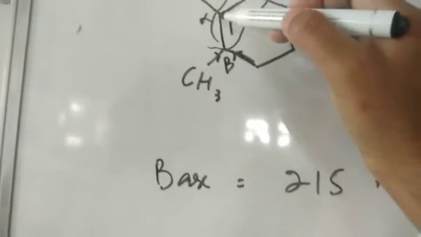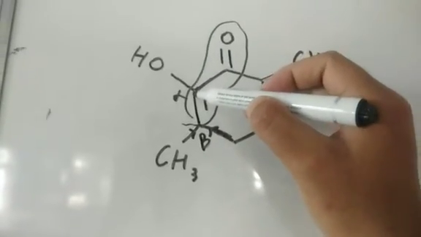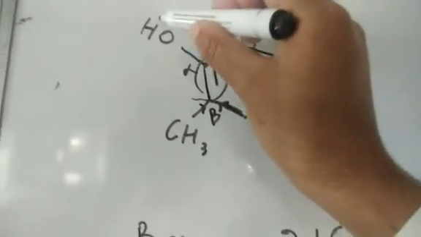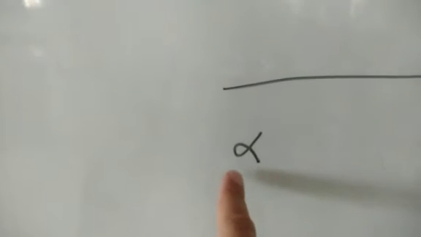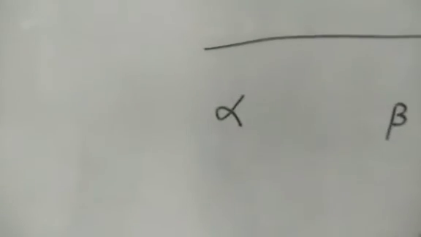At the alpha position we have a hydroxyl group. Look at this. So the contribution of hydroxyl groups has to be remembered. In case of alpha beta unsaturated carbonyl compounds, if the hydroxyl group is present at the alpha position, then the contribution is equivalent to 35.